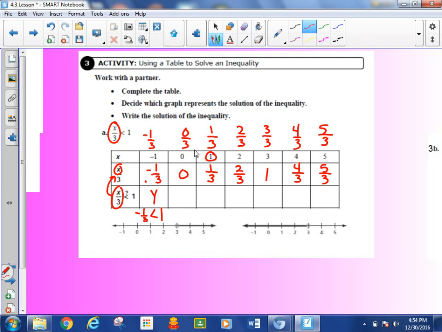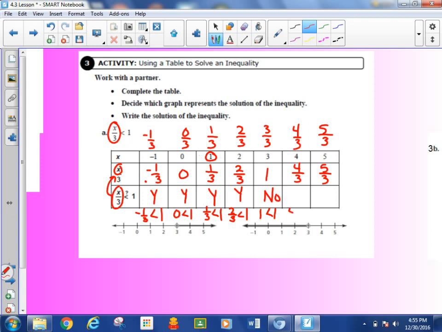Is 0 less than 1? Yes. Is 1/3 less than 1? Yes. Is 2/3 less than 1? Yes. Still not a whole pizza, it's only 2/3 of a pizza. Is 1 less than 1? No, it's equal to, but it's no longer less than 1.